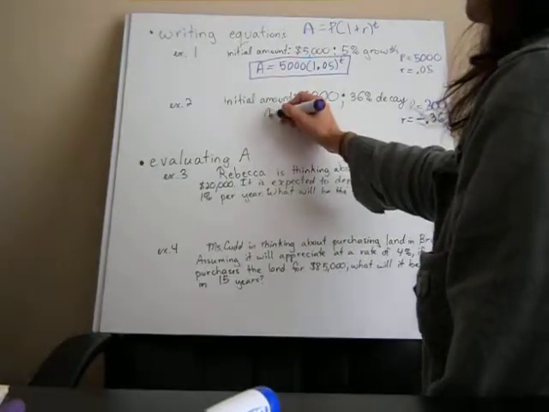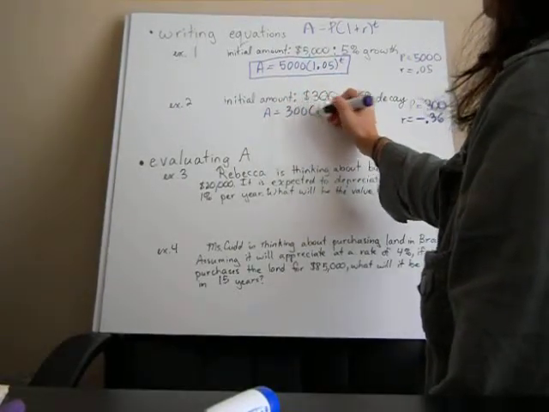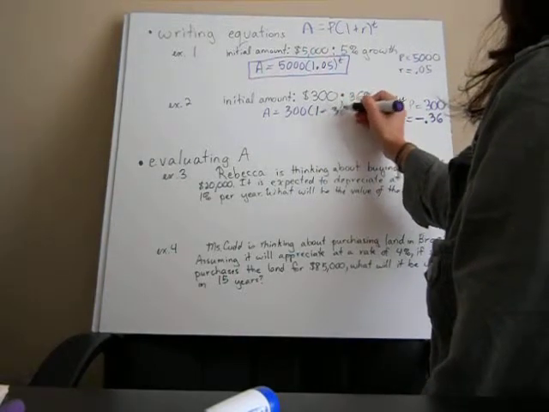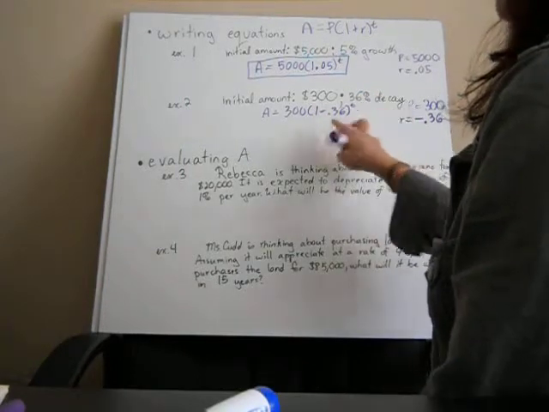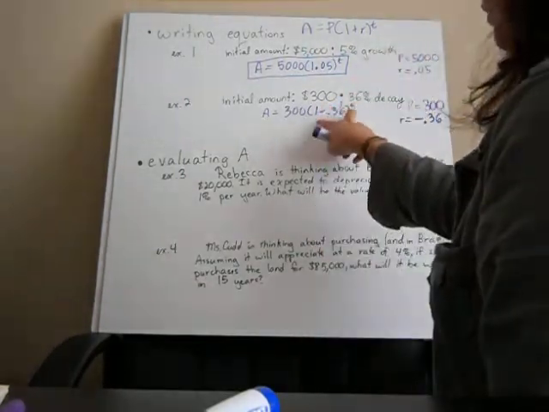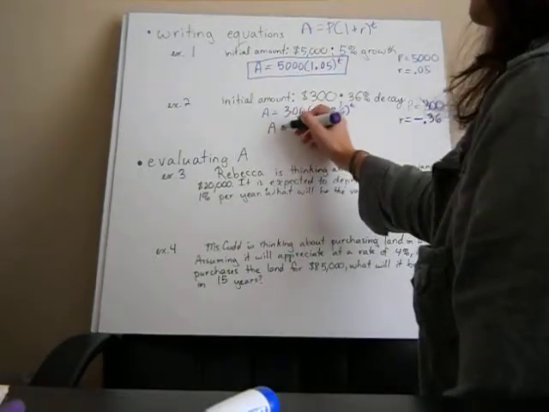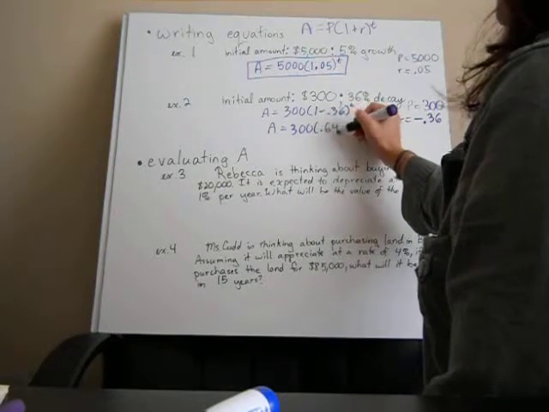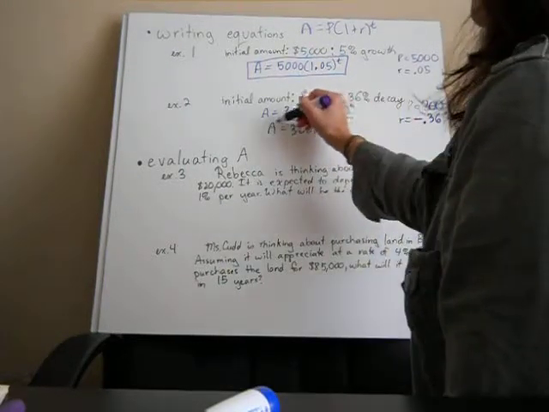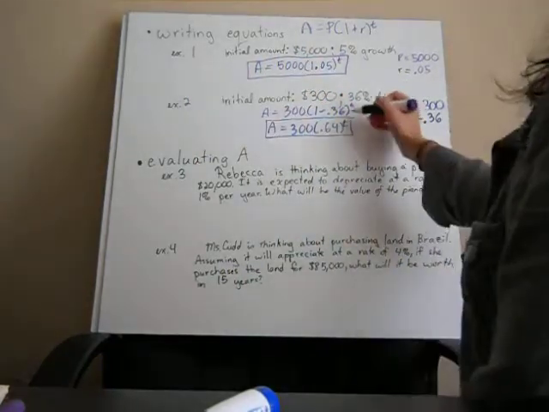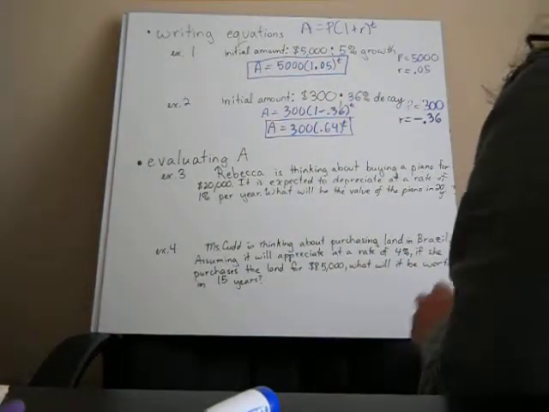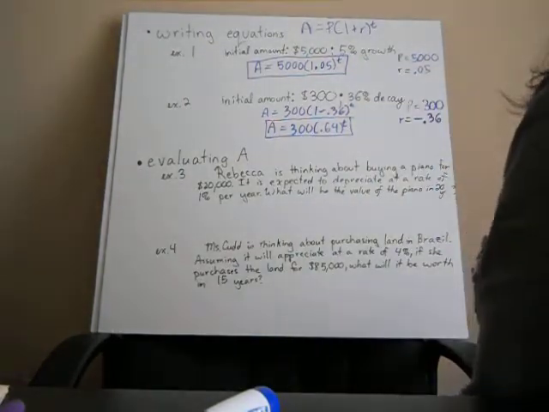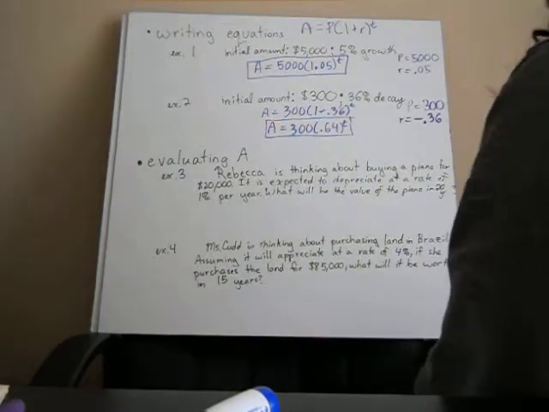Alright, so plugging that in, that means A is equal to 300 times 1 plus R. So 1 plus a negative is the same thing as minus, to the T power, and you do need to go ahead and simplify that. So A is equal to 300 times 0.64 to the T. And that is that. So writing equations isn't too difficult, and sometimes once you get here, you'll be asked many more questions, but this is just sort of like the first step. You have the equation, and you might have to do more with it later.